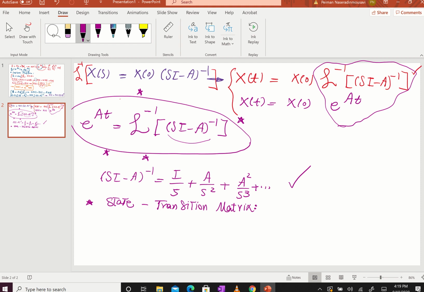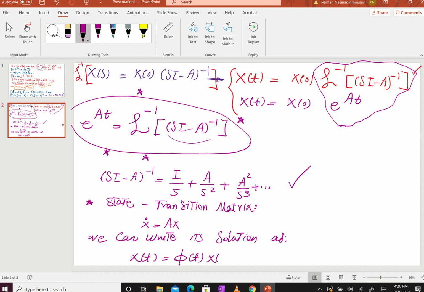So again, we have this homogeneous state space LTI system, and we can write its solution as x of t equals phi of t times x at 0, similar to these.